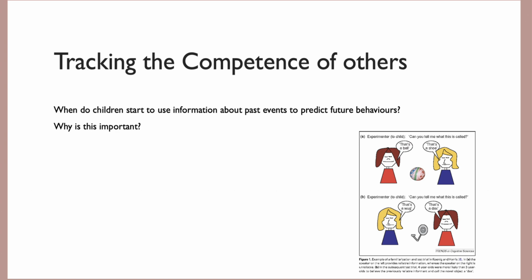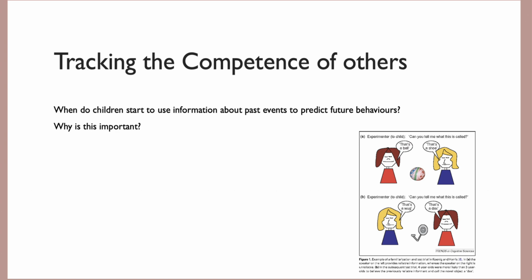We can have these adults in a sort of videotape scenario that are actors, and we can have them have a conversation about a particular topic and answer questions about it. And we might have the adult in the blue t-shirt always get the answer wrong, and the adult in the red t-shirt always get the answer right.